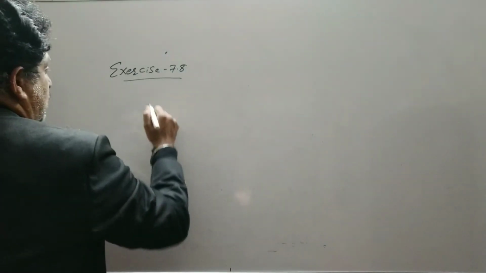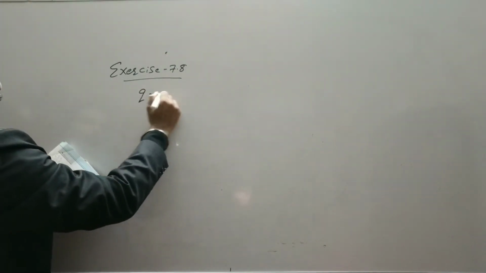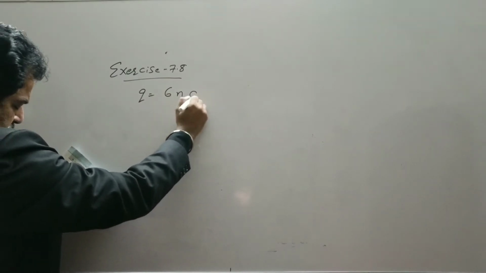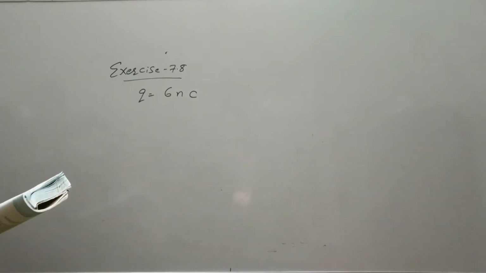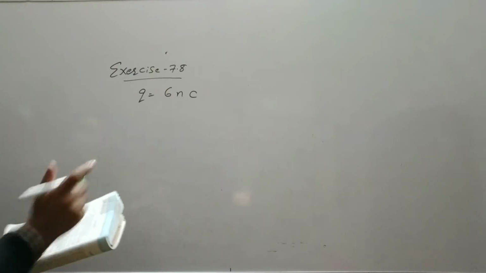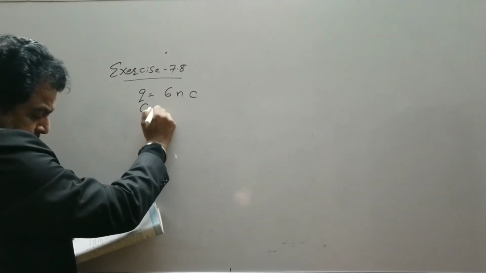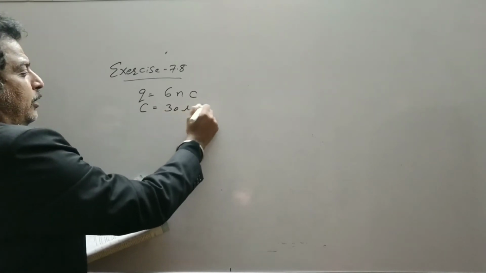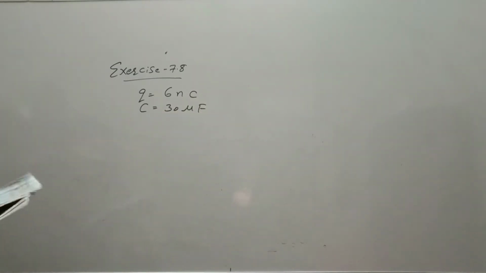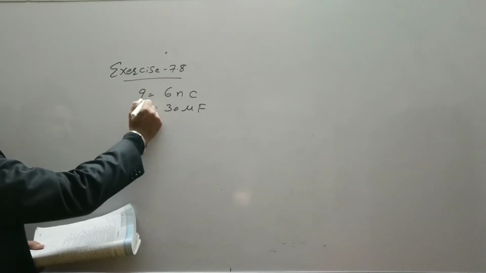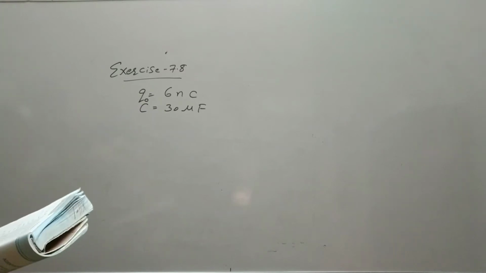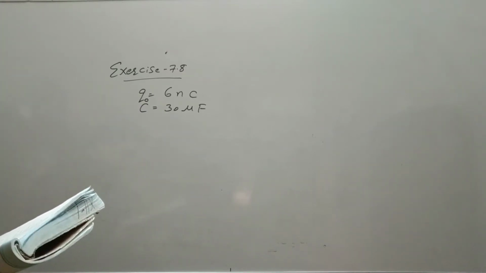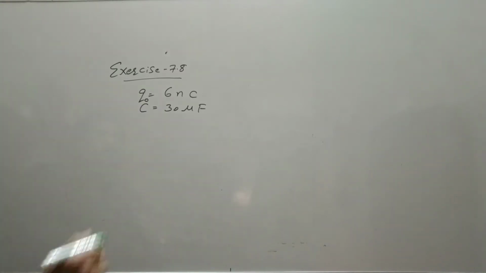So we have the charge Q is equal to 6 nano coulomb, and we have to take the reference of 7.7, that is C is equal to 30 microfarad. Suppose the initial charge on the capacitor in exercise 7.7, so this is the initial charge, that is Q naught. What is the total energy stored in the circuit initially?